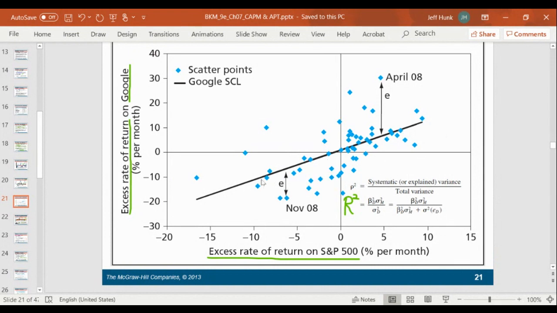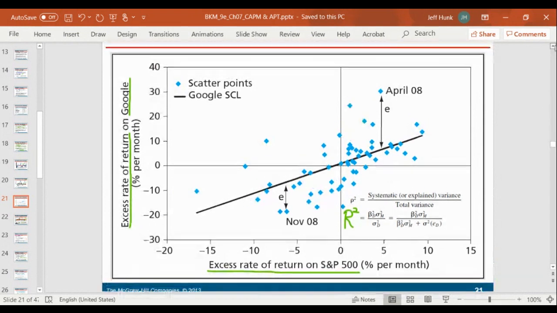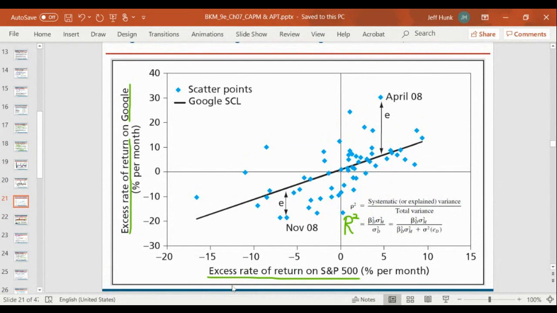And of course, they are not all falling exactly on the regression line, because you're fitting the line to the data, not the other way around. This is called the security characteristic line, not the security market line, because you're regressing the excess return over market excess return.